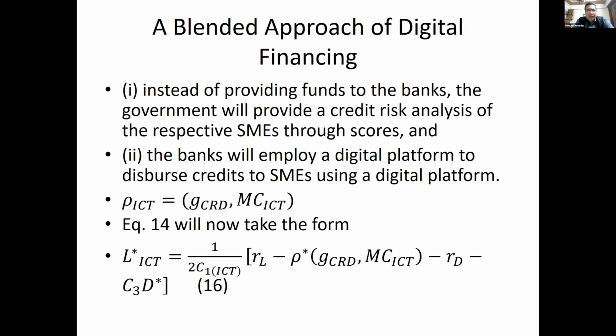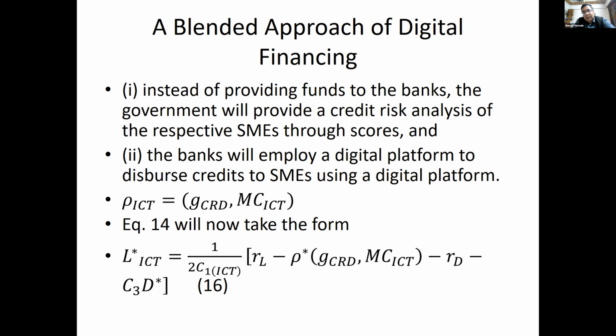Then we define the last equation in this way. This is just a simple form of equation 14. So now the question is whether the current one, the second one, this ICT-based digital financing one, is better than the previous one.